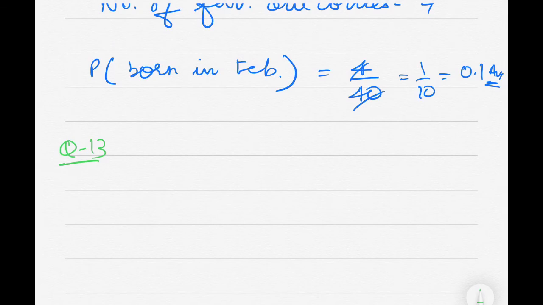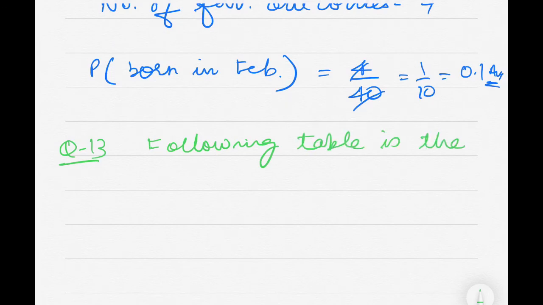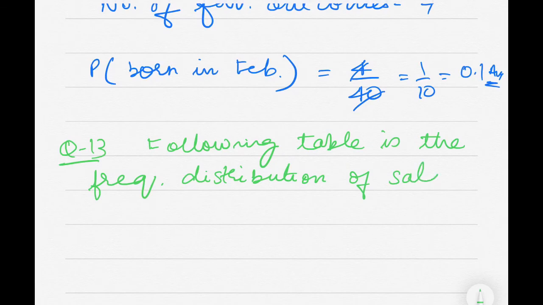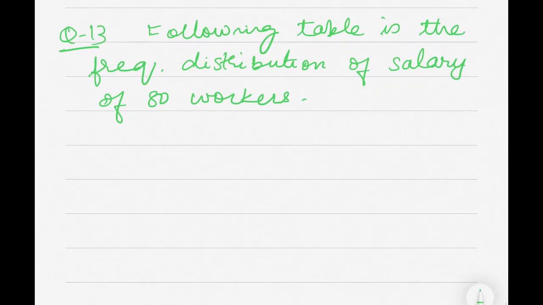The following table is the frequency distribution of salary of 80 workers. So the total number of outcomes will be 80, and this is my table.